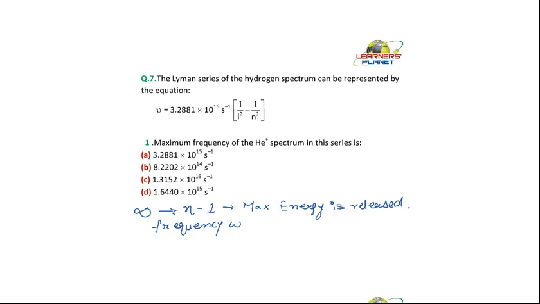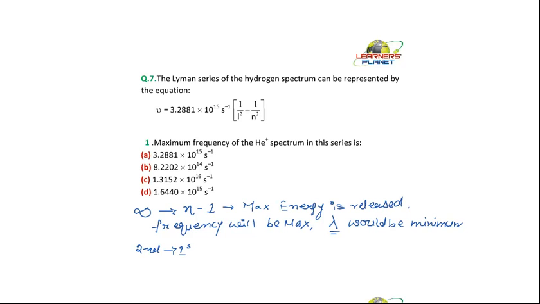The frequency will also be maximum. What would be the wavelength? Wavelength would be minimum. Why? Because frequency is inversely proportional to wavelength.